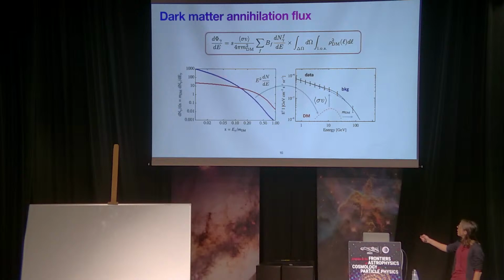It might be that for b-bbar, which in this plot would look like something like this, because it's multiplied by E squared, the bin that sets the limit is this one. But if you have a harder spectrum, like tau tau, the bin that would set your limit would look more like this, much harder. So it can be this one, for example. And so there might be biases doing so.